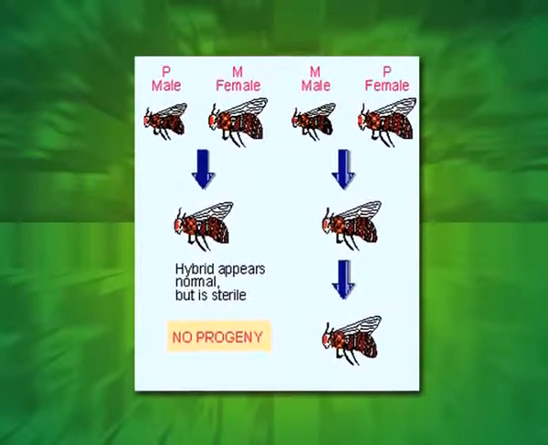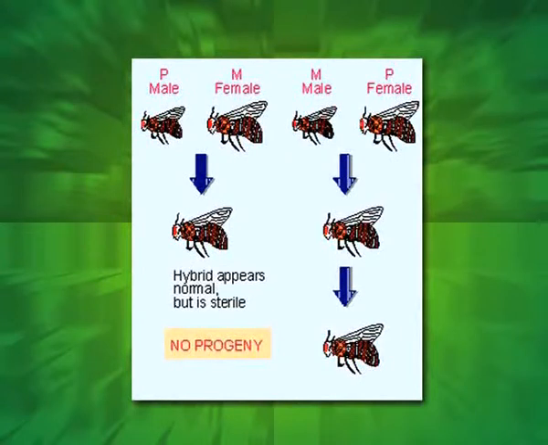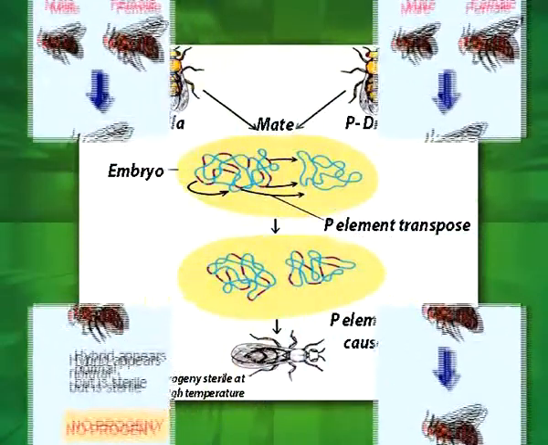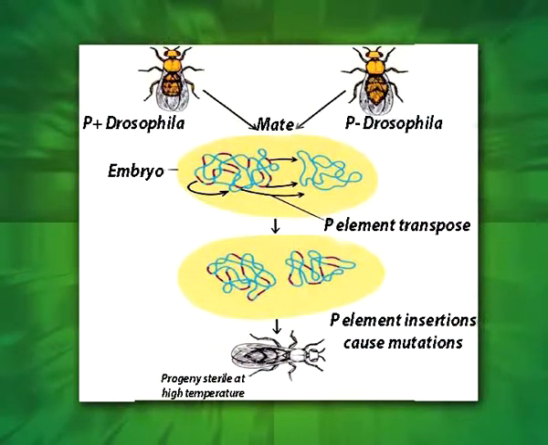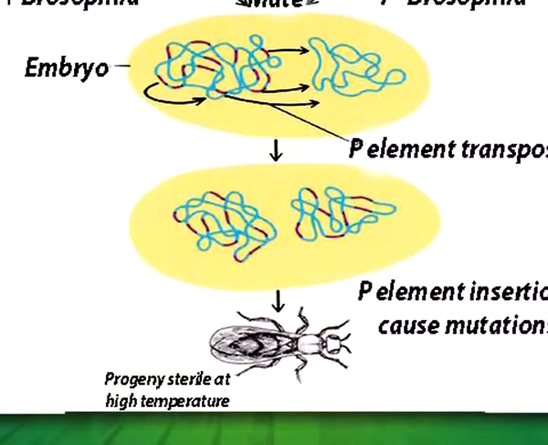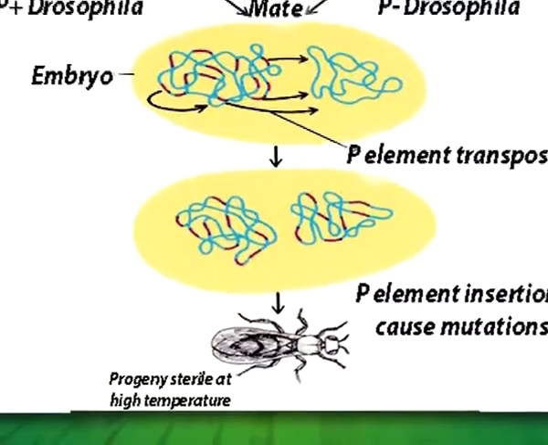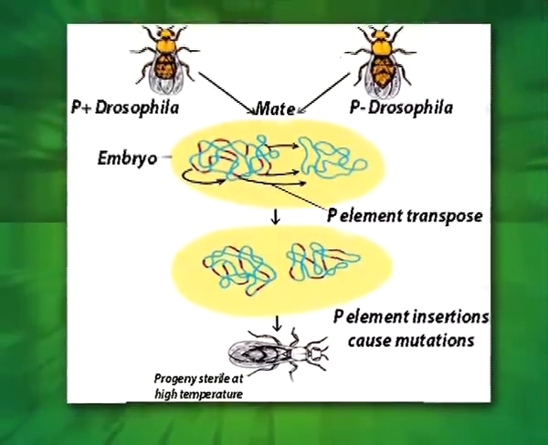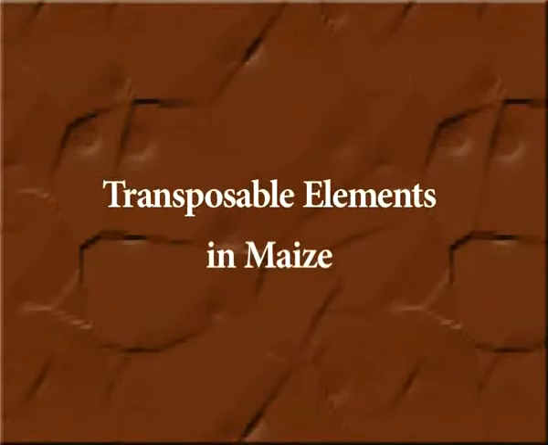The dysgenic traits can be explained largely by genomic changes due to P element transposition and excision in developing germ cells. The sterility is due to loss of germ cells early in development. It is more pronounced in females, where there are fewer germ cells to separate than in males, and at temperatures above 25 degrees centigrade. Now the transposable elements in maize.